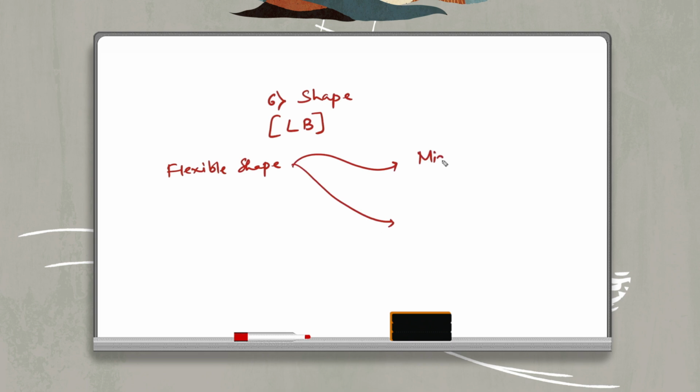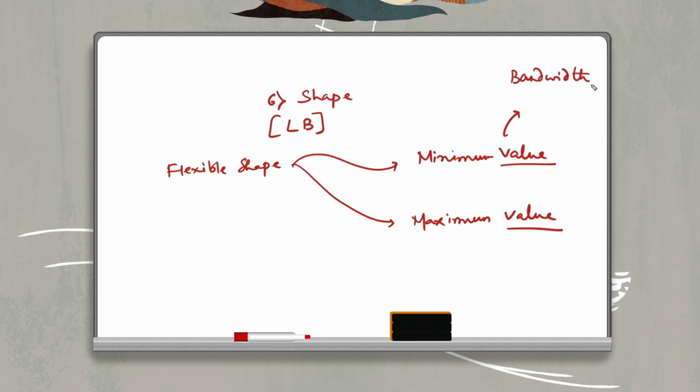First, you have to specify the minimum value, and secondly, you have to specify the maximum value. Now what's the value here? Value is basically the load balancer's bandwidth.